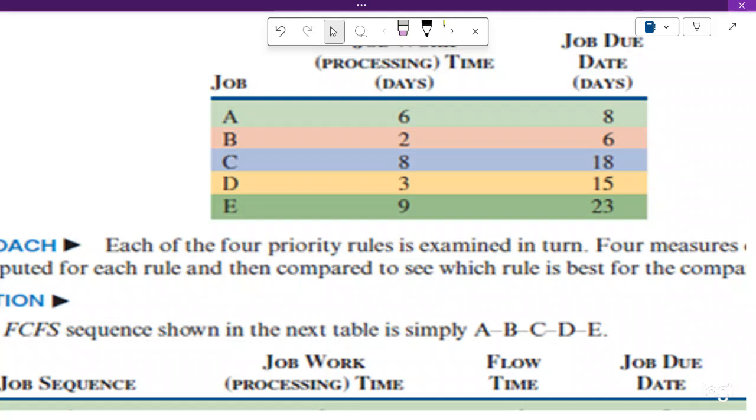Those are process times. You wrote the due date, you must write process time. Very good. You must have the due date.